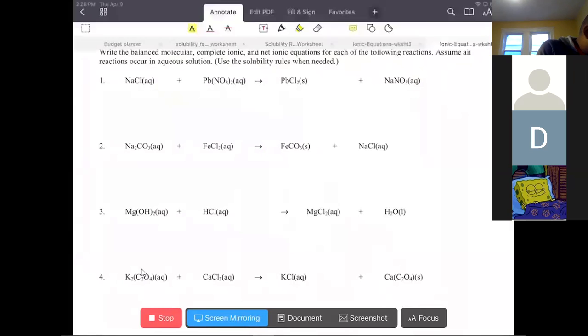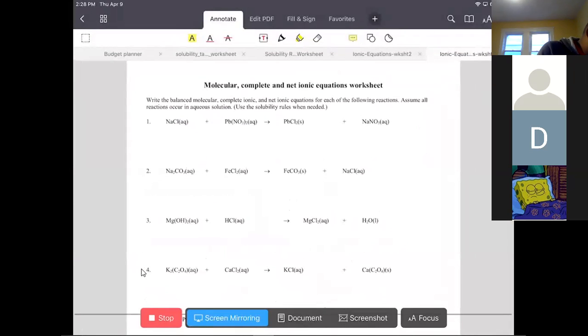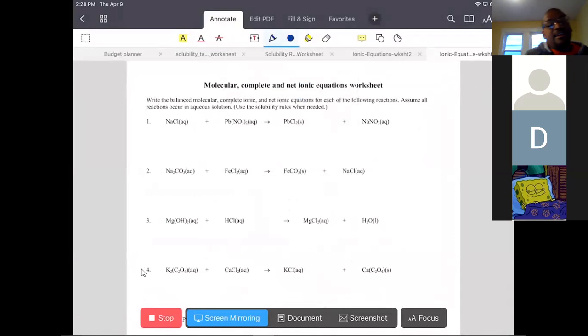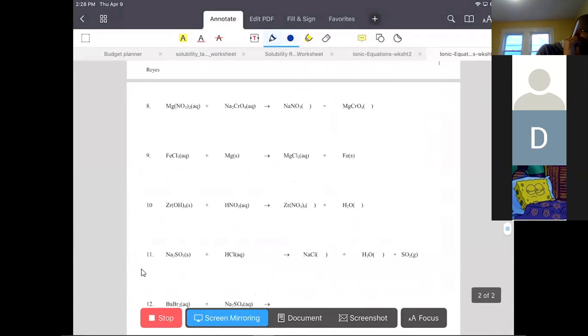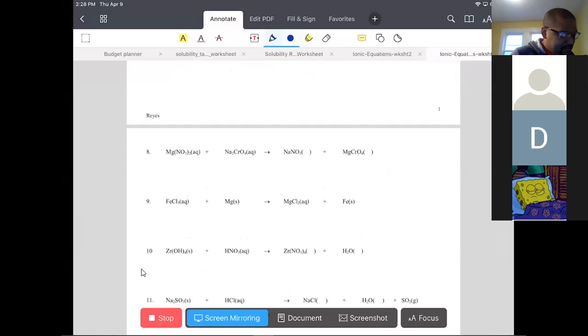And so here is the worksheet. You guys can take it out if you want to. Basically, I'm going to go through it, but I won't do all of them. The answer key is on Google Classroom for you. There are some that you want to skip on the second page, problems 10 and 11, I believe, just because it gets a little bit nasty.